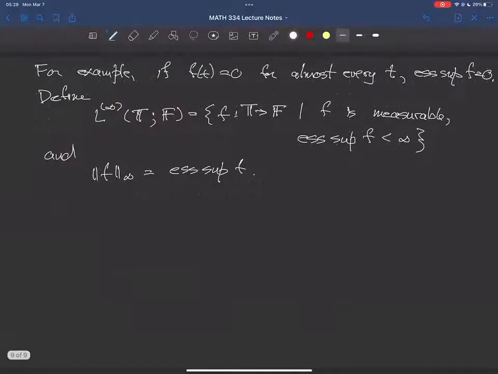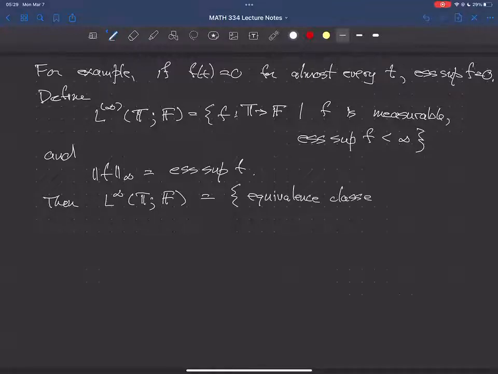So L infinity of t is equivalence classes in L parentheses infinity, defined in the way that we talked about before.